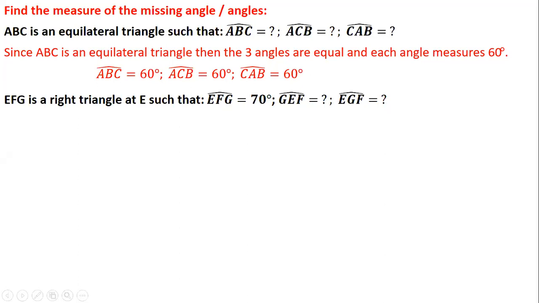Let us see if we have read any special word. Yes, EFG is a right triangle at E. So we read the word right, which is an important word. I ask myself, Huda, what do I ask myself?